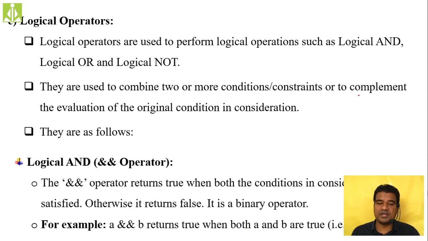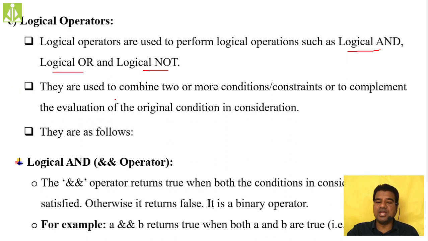What are logical operators? Logical operators are used to perform logical operations such as logical AND, logical OR and logical NOT operations. They are used to combine two or more conditions. You can read the second point over here. How many different types of logical operators do we have? Logical AND, logical OR and logical NOT. And why are we using these logical operators?